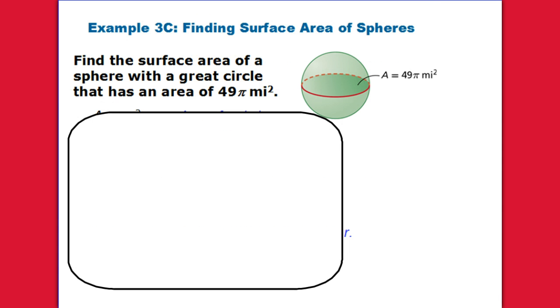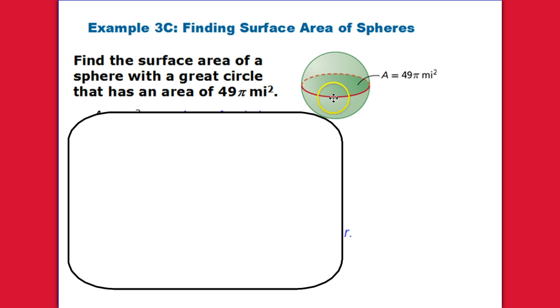Find the surface area of a sphere with a great circle that has an area of 49 pi miles squared. The great circle itself has an area of 49 pi. So if that circle has an area of 49 pi, can we find the radius of the sphere?